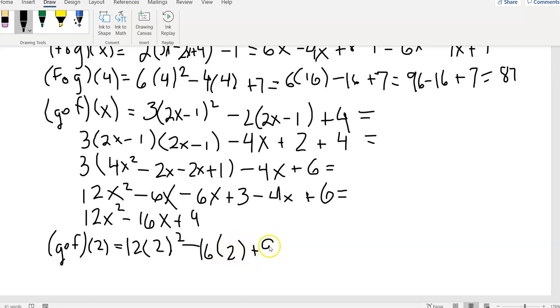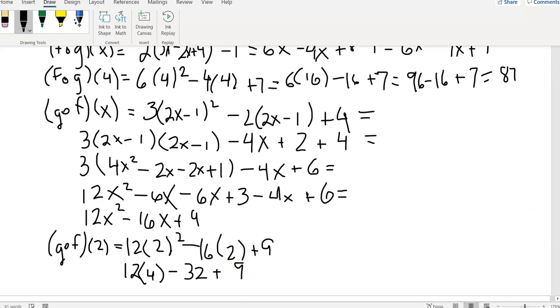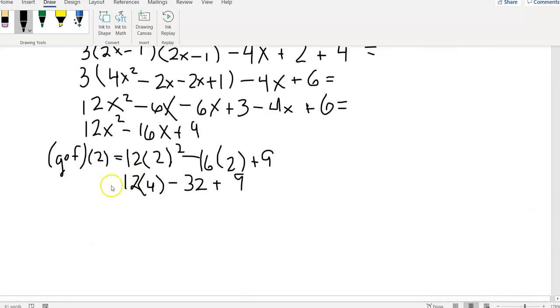Order of operations, don't forget, we got to do our 4 squared first. Or rather, our 2 squared first, which is 4. And I'll go ahead and do the 16 times 2, which is 32. And then, let me move on down here.